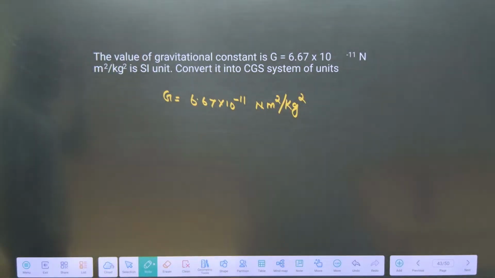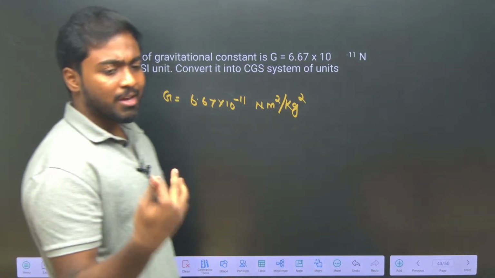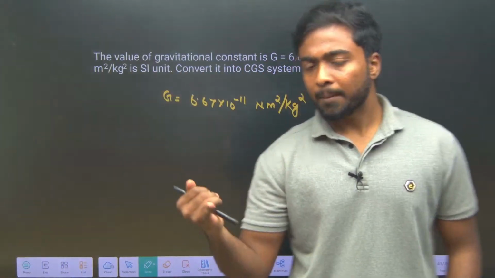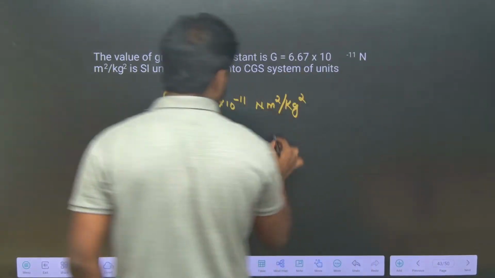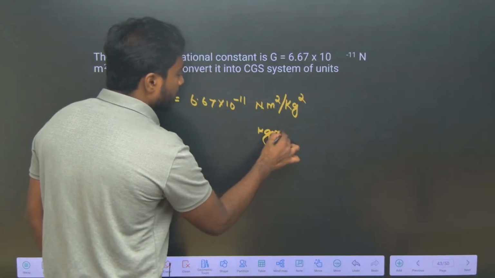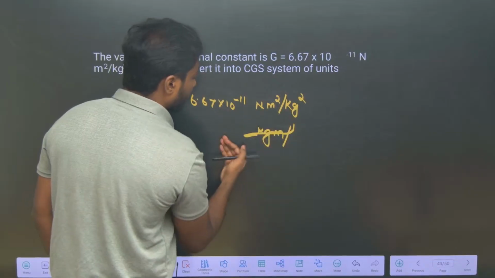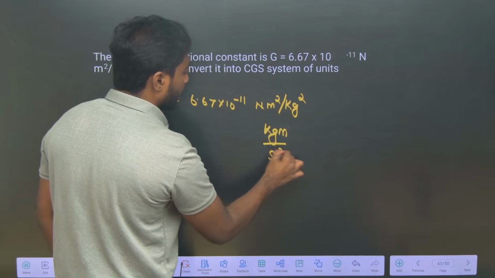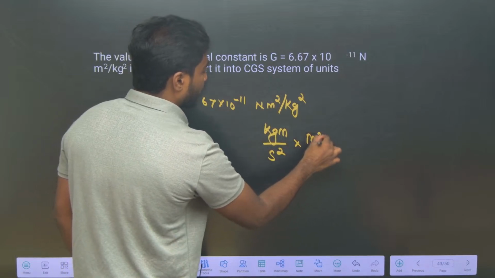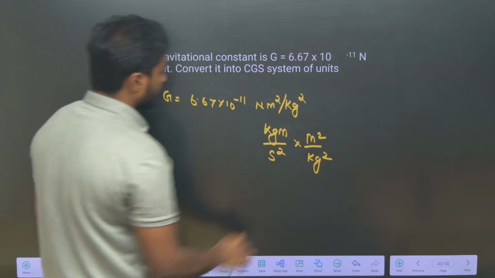Now what is the thing? Newton is nothing but kg meter per second square. Let me write it like this: kg meter per second square into meter square by kg square, right?